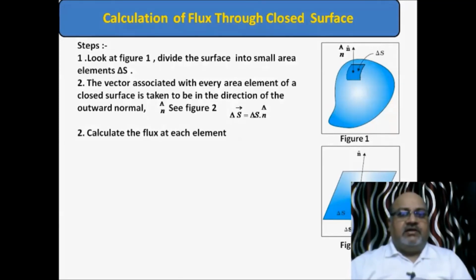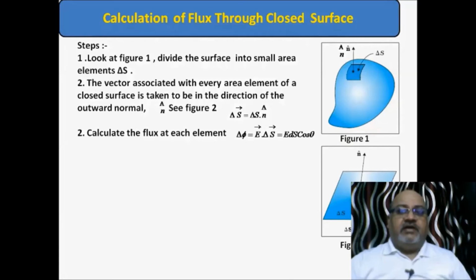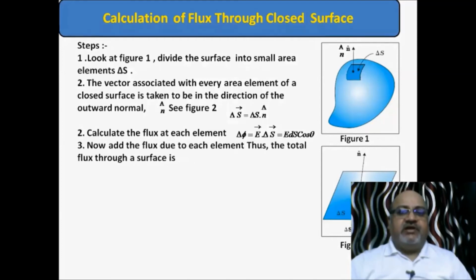Now calculate the flux at each element. So how much flux will be linked with this small element? Delta phi. And we know this is E vector dot delta S vector, scalar product. That is E dS cos theta. Now, what will be the total flux? Add the electric flux linked with all such small elements which we have created on the surface.